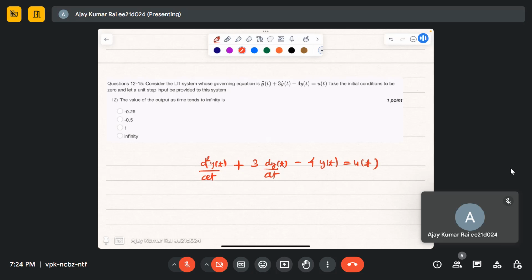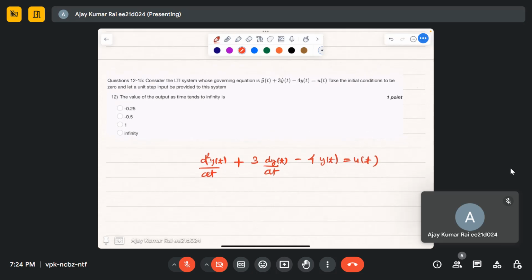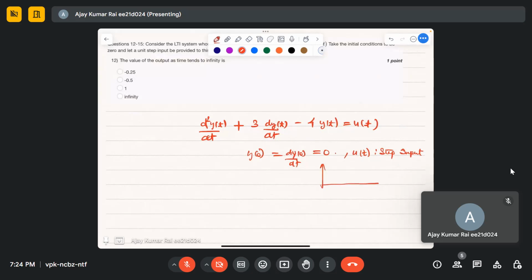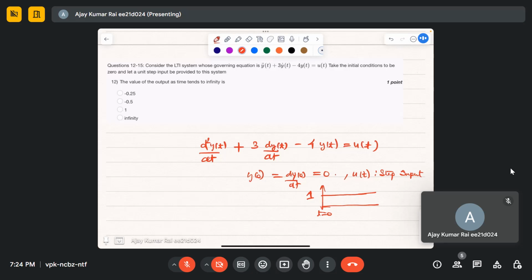Take the initial conditions to be 0, that is y(0) and this one are equal to 0, and you know u(t) is a step input. You know step input, right? Step input is like this. At t equal to 0, we are providing some constant, so this is a unit step, and the magnitude is equal to 1.